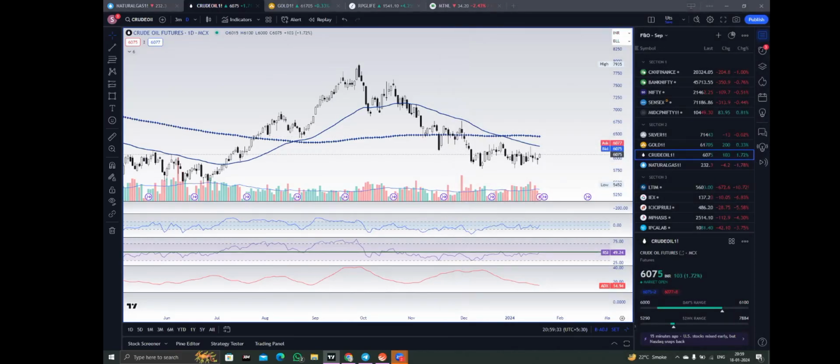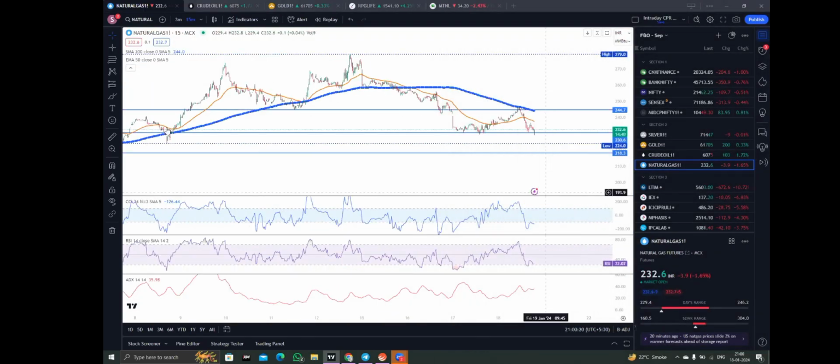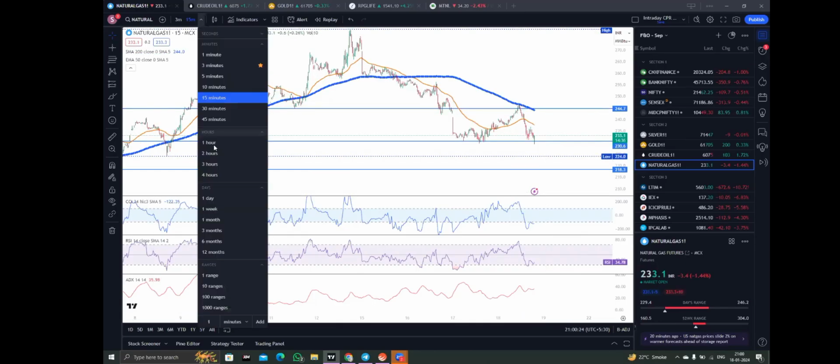Yes, support and resistance will always be drawn here, right? I'll look in an hourly time frame.